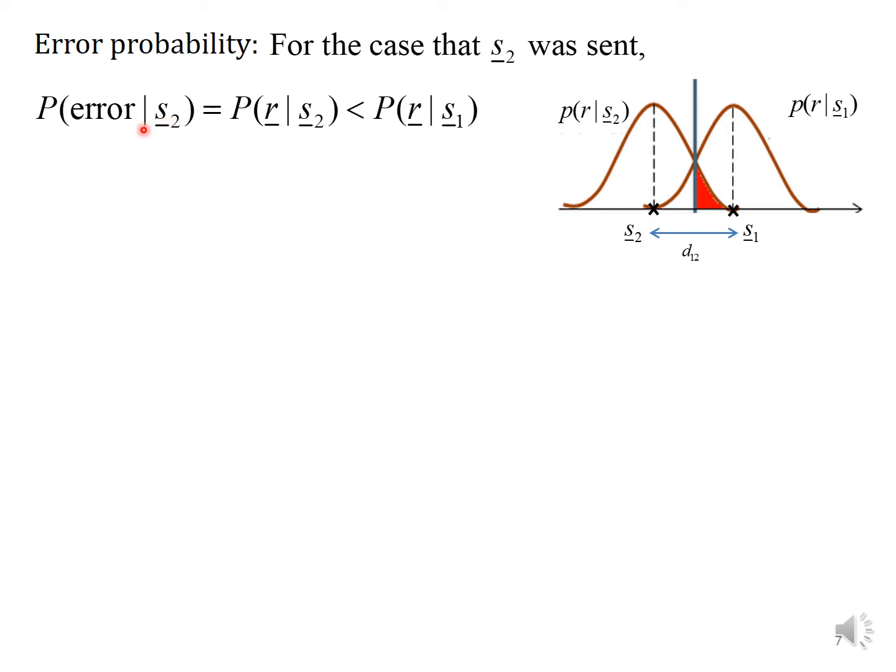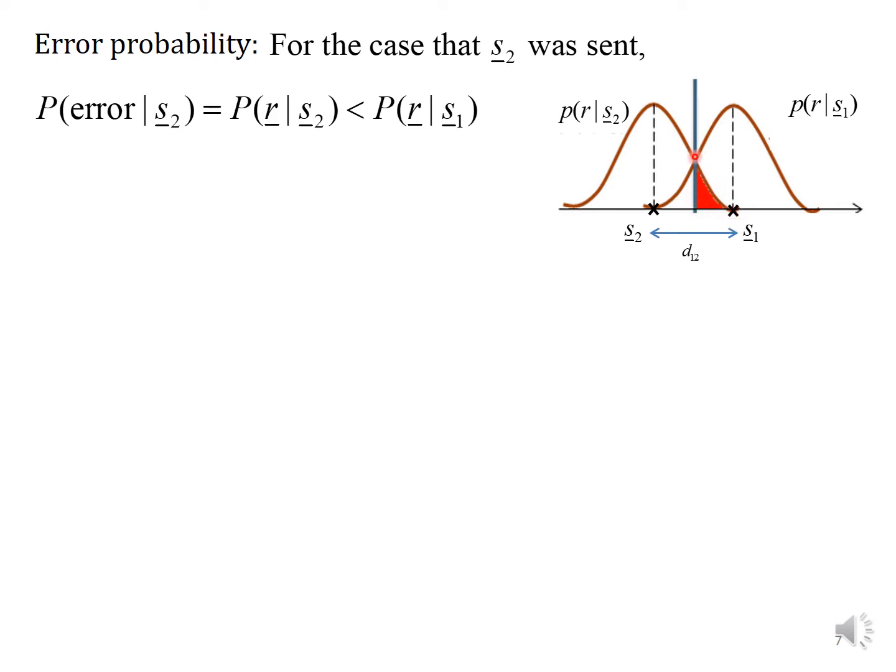So again, consider the error probability when S2 was sent. When S2 was sent, the received signal probability distribution would follow this curve, and the error occurs when the received signal R is on the other side of the decision boundary, that is this red area.